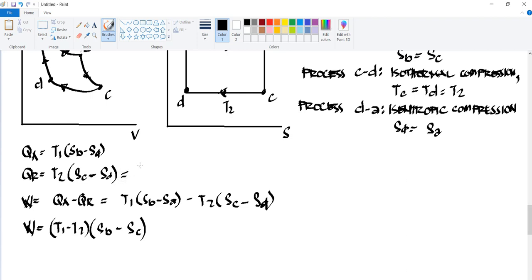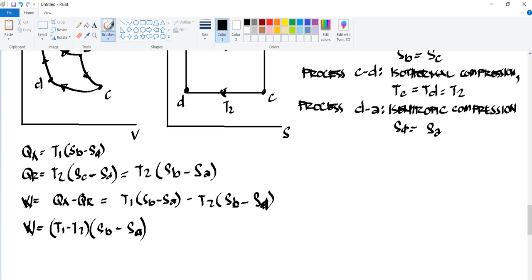So that will be T2 times the entropy at point D minus the entropy at point A. So this is now your point A, and this becomes your point B. So SB minus SA, then you have SB minus SA, so we can factor that one here. So we can rewrite, this will become now your work.